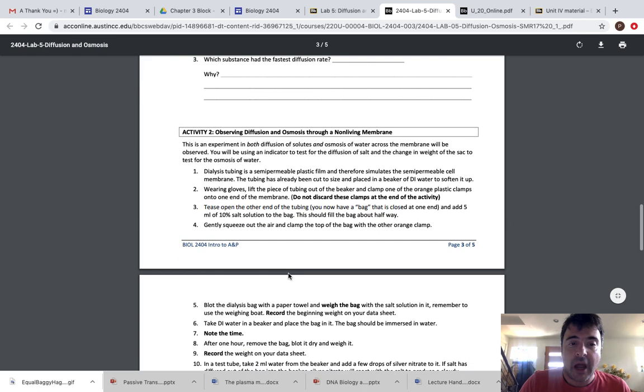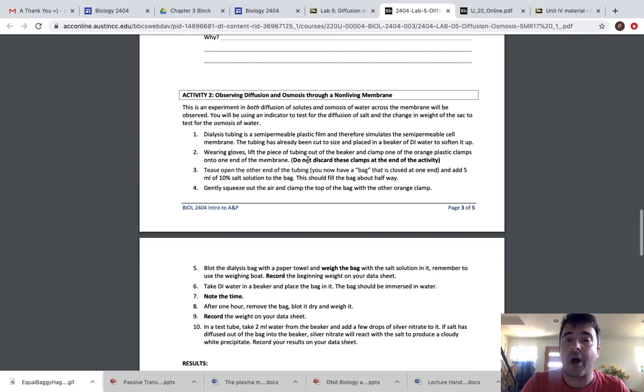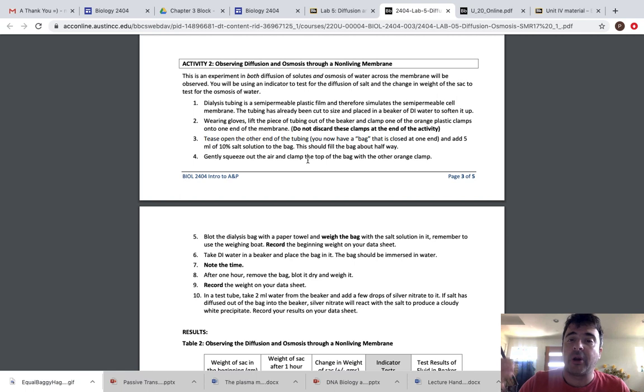Now, in activity 2, we're observing diffusion and osmosis through a non-living membrane. The membrane we're using is what's called dialysis tubing. And dialysis tubing is a selectively permeable membrane, so it's really good to mimic the characteristic of cell membranes because it allows some stuff across but not others, and a lot of times that's dependent on size.